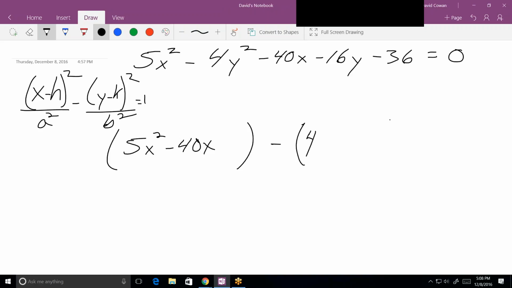I know I'm going to move the 36 to the other side, but what goes in these parentheses? Because this is where everybody makes their mistake. It would be plus 16y, right? There you go. It's 4y squared plus 16y. Everybody wants to make that negative, but if I were to make it negative, then it actually changes the expression because this negative sign has to be applied to both terms.